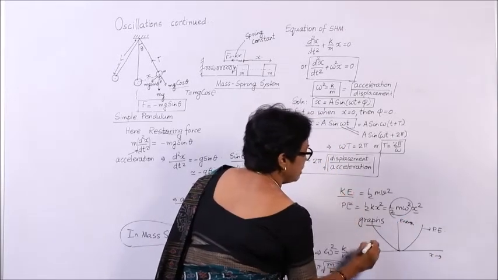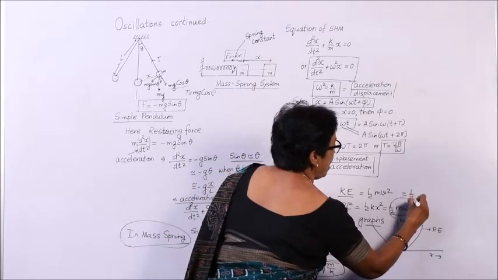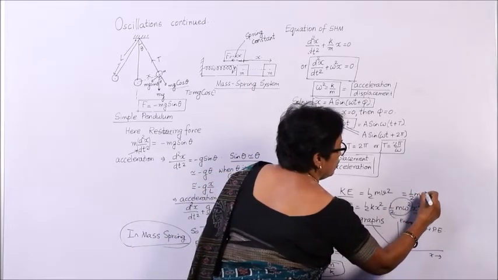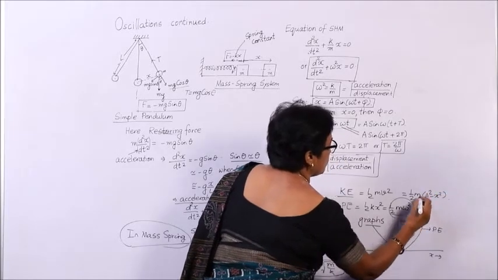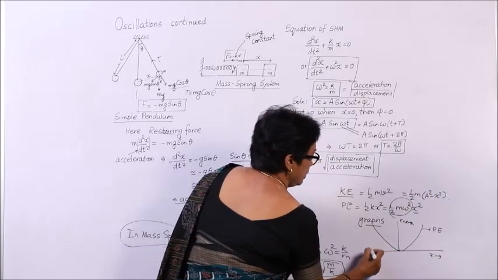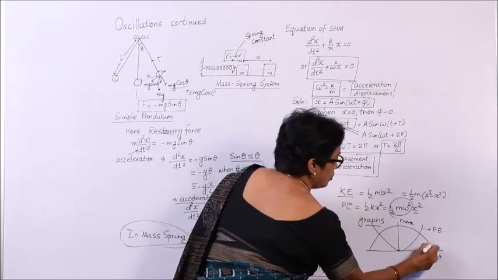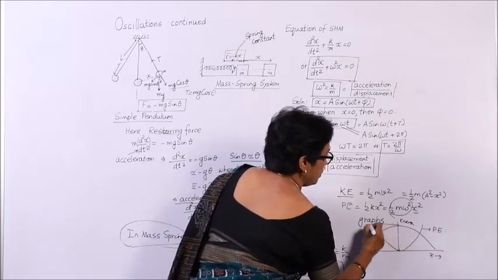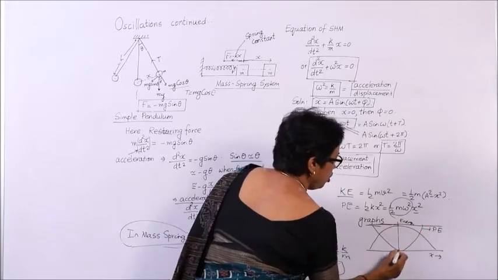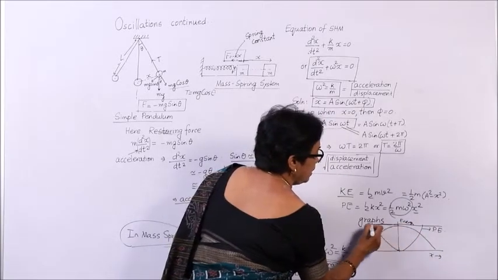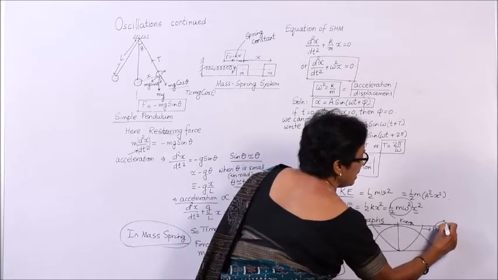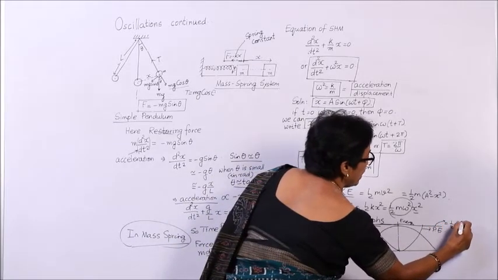Whereas kinetic energy, you will see that this will be half m omega square into a square minus x square. So, this graph will be opposite to this, and for all points of x you find that this plus this, if you add, it comes out to be a constant. This value is half m omega square a square.